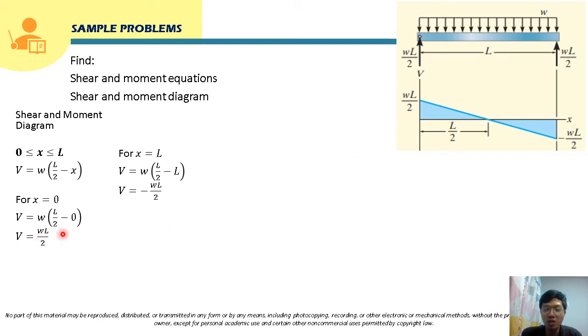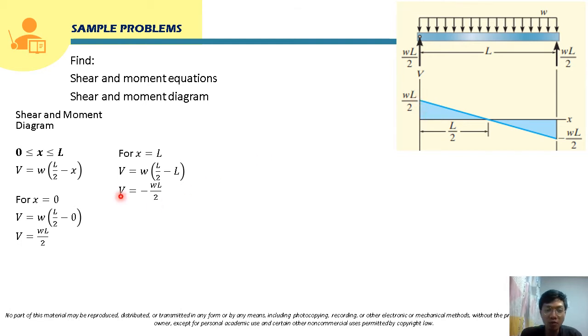We already computed the shear at x equal to 0, and it is WL over 2. The value of shear here is positive, meaning we are going to plot it above the x-axis. So WL over 2 will be plotted here, above the x-axis.